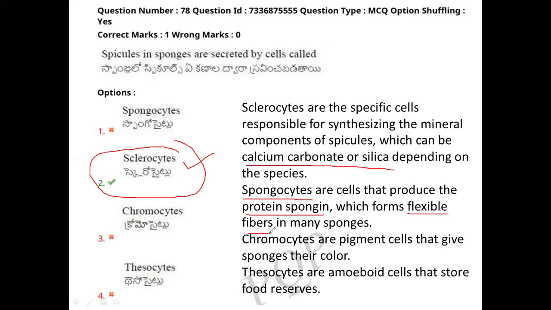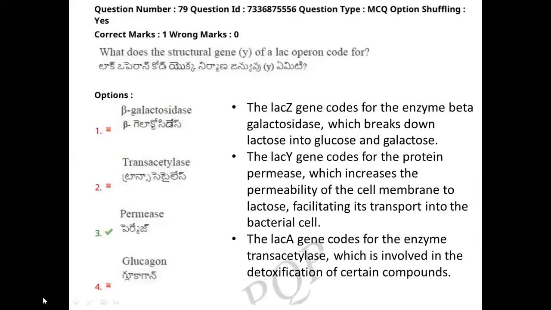That's the flexibility. Next is chromocytes. They are responsible for giving color to sponges. And thesocytes are responsible for storing the food. Food storage, color, spicules, flexible fibers. So these are the four types of cells.